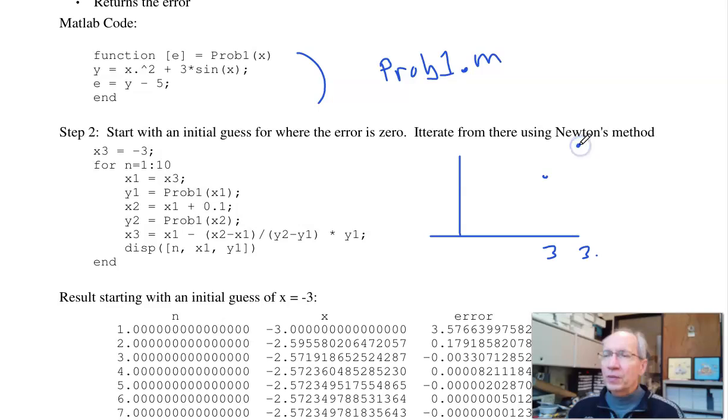Now take the slope, go backwards, and find the zero crossing. To do that, I take the old guess, x1, and perturb it by the slope, change in x over change in y, times the error. The bigger the error, the more I adjust it. And then repeat. I'm going to repeat 10 times. And while I'm doing that, display the iteration number, the guess, and the error.